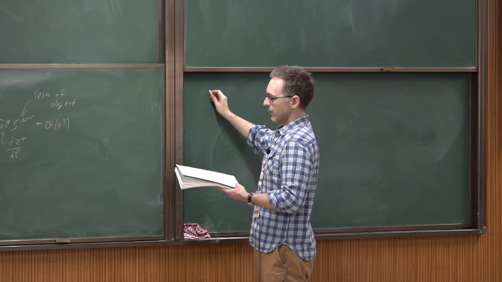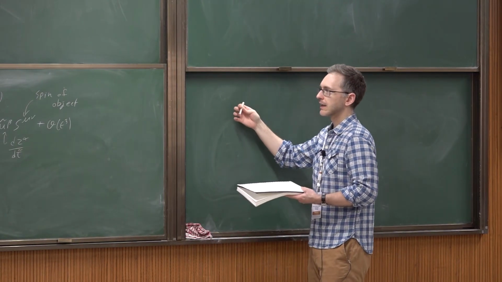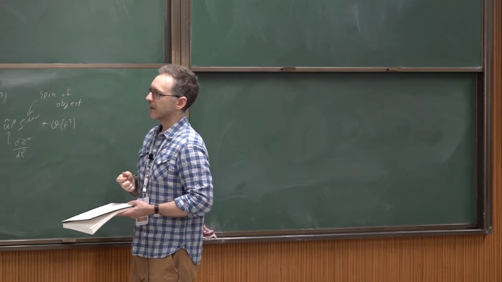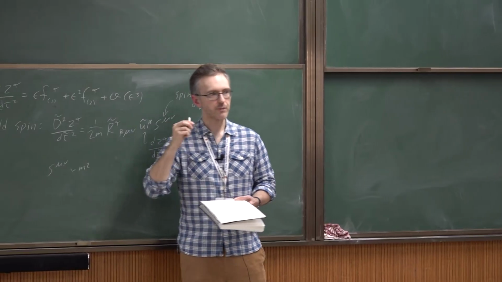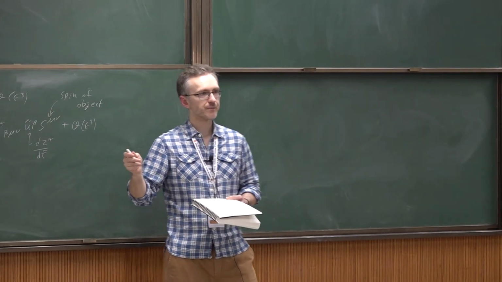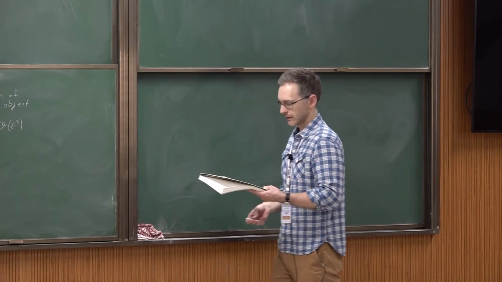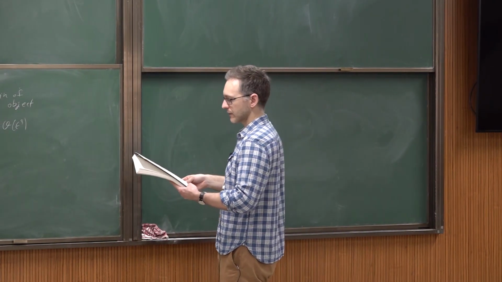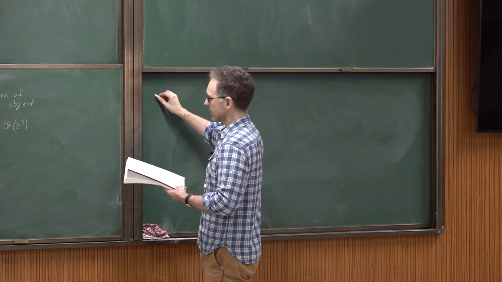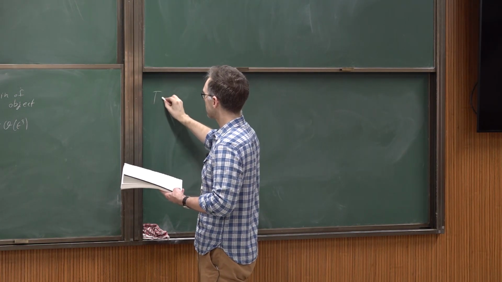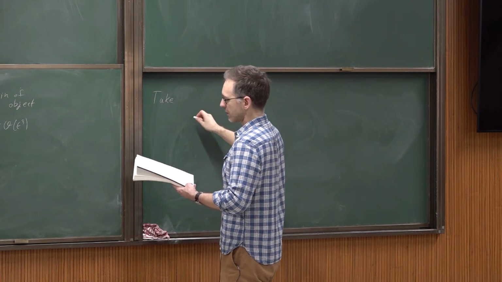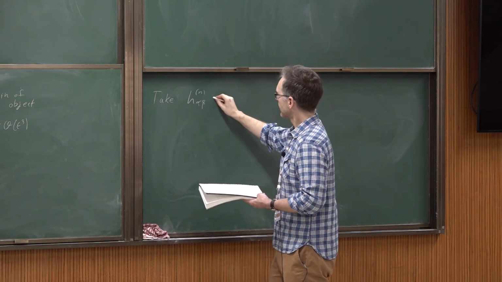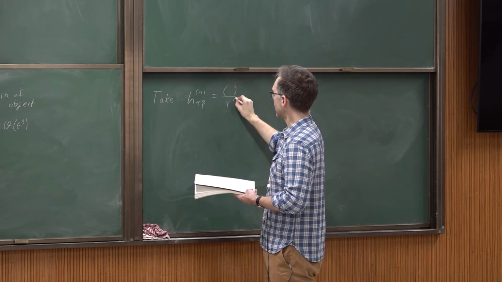But we can ask ourselves, can we represent the field outside the object as if it were sourced just by a point particle at r equals 0? And the answer is yes, at least at low orders in epsilon, in the small mass. So the rough way we show that: we take our local solution, h^n alpha beta, is something over r to the n.